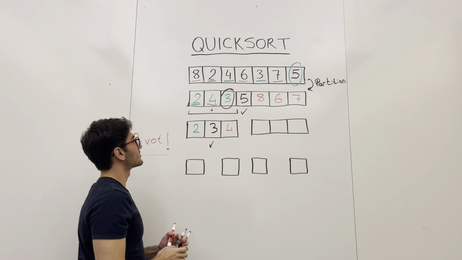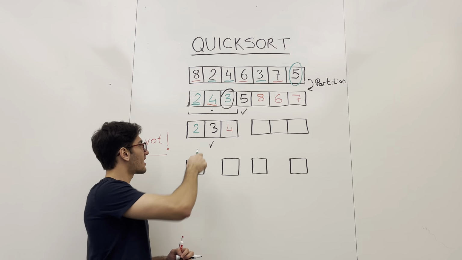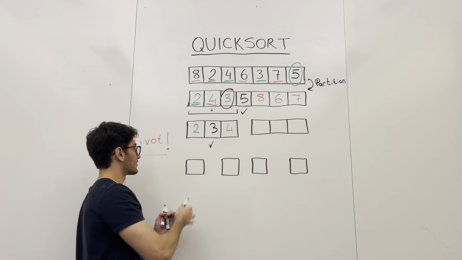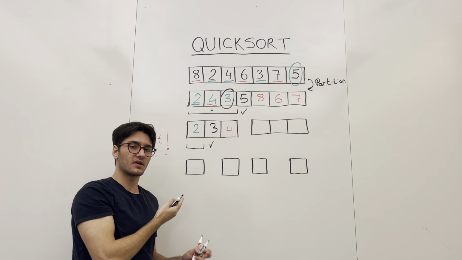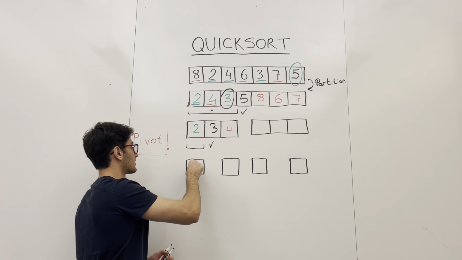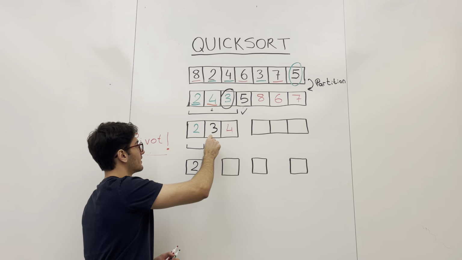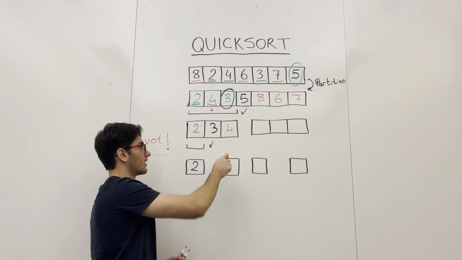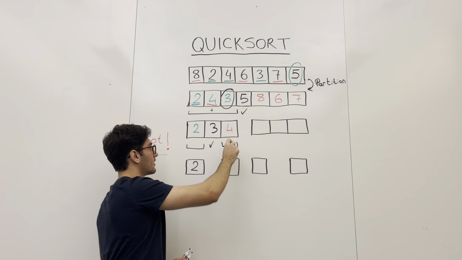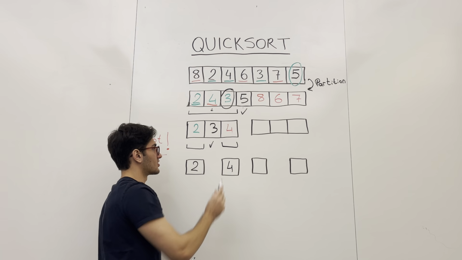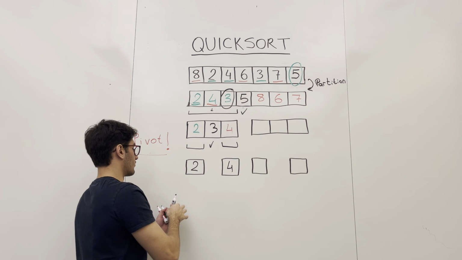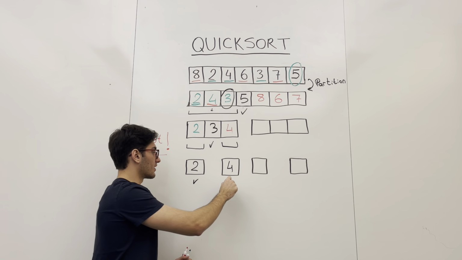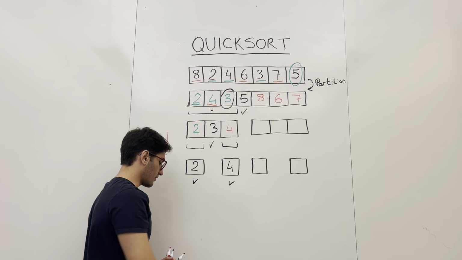Now we're going to try this for the subarray we have here, which is 2. But we cannot sort this array because it is already sorted. So we just put 2 here as sorted, and now we sort the array to the right of 3, which is one element and already sorted. So 2 is sorted at the right spot, 4 is sorted at the right spot, and we know 3 is sorted at the right spot.